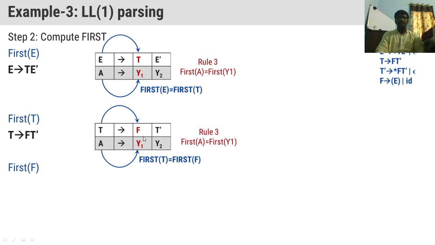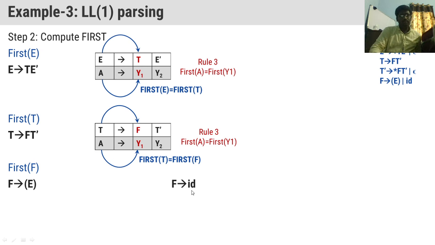So if any non-terminals arrive like that, we will jump like this and find out the last terminal that is present. The meaning is that when I substitute this T, again I need to substitute capital F. When I substitute this capital F, finally I am going to substitute either left parenthesis or ID.